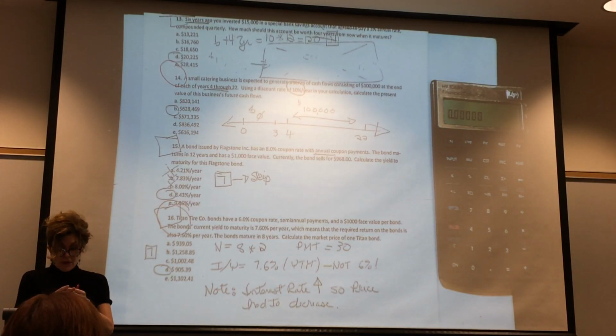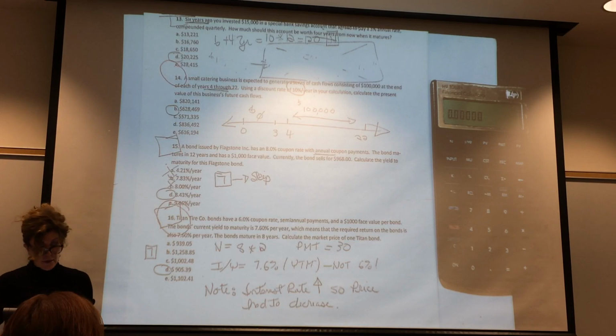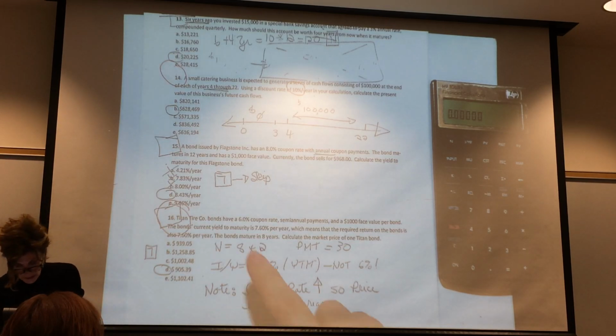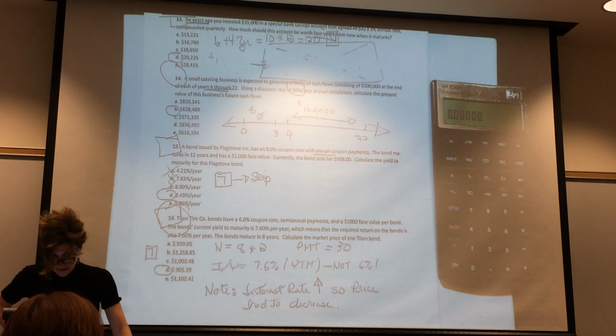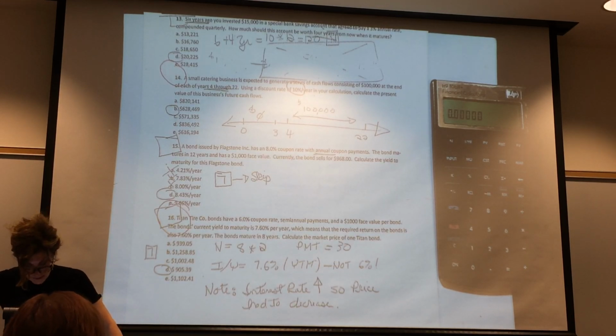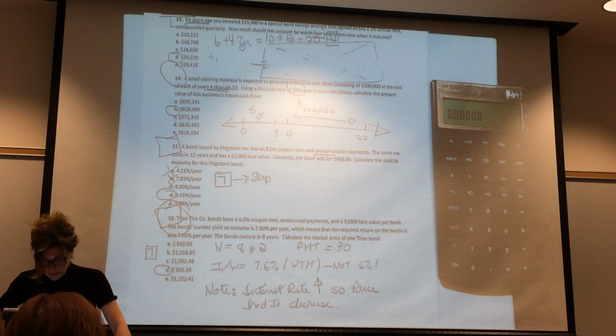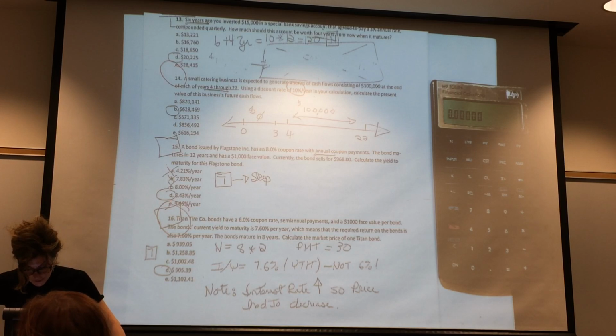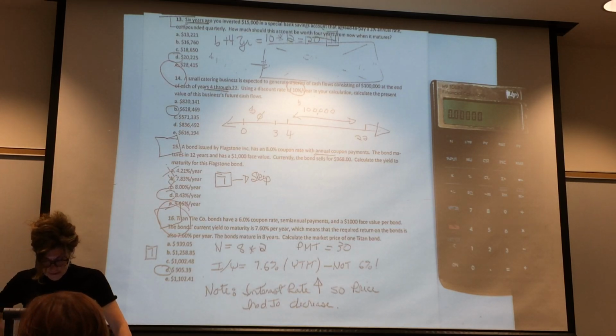The test will tell you if it's semi-annual or annual on a bond. It should. That's what 16 is. It's a semi-annual bond. Titan Tire Co. has bonds with a 6% coupon rate that are paying semi-annually and $1,000 face value. The bond's current yield to maturity is 7.6% per year, which means the required rate of return on the bond is also 7.6%.